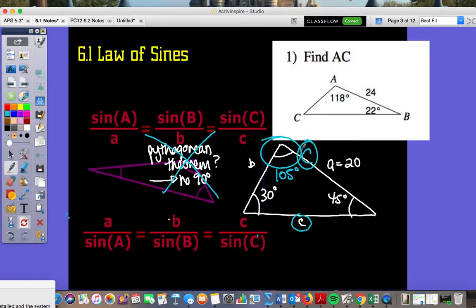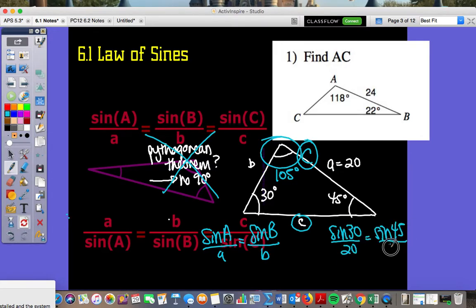Good, David. Does anyone, just quickly for some tickets, help me out with how you set this up? You do sine A over little a equals sine B over little b. Nice. And what did you plug in for that, Hannah? Sine 30 over 20 equals sine 45 over b.